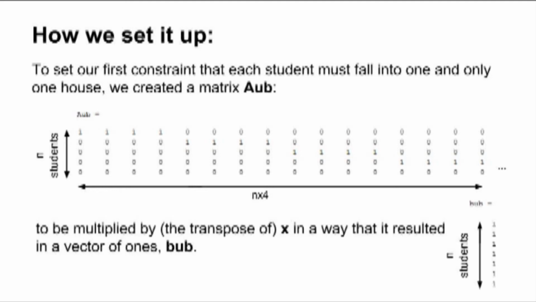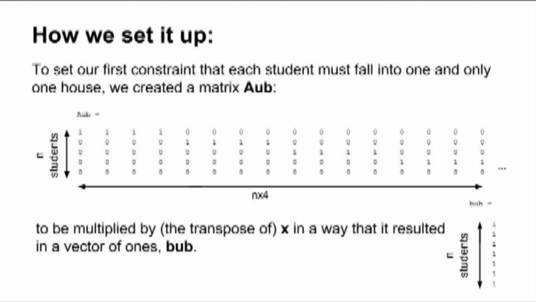The first constraint is that each student must be sorted into one and only one house. And intlinprog needs constraints in the form of Aub times x, which is the solution vector, equals bub. And to frame this, if you look at the first row of Aub and multiply that by the column vector x, you can see that the value of that multiplication would have to be 1 if the student was sorted into just one house.